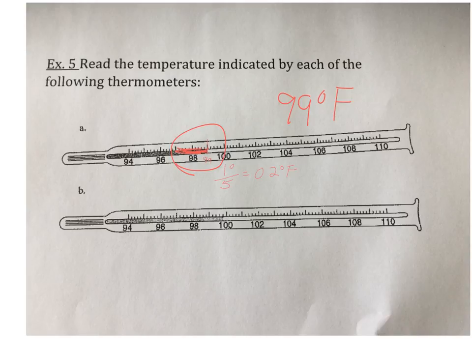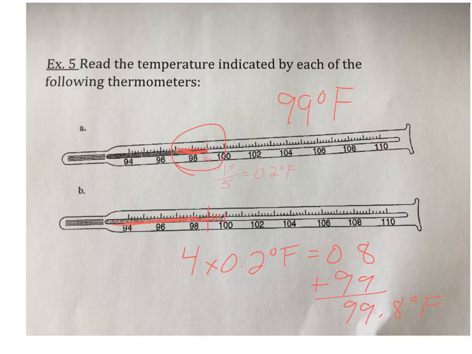Over here, it goes up to 99, and then it goes 1, 2, 3, 4 ticks past. So we have 4 times 0.2 degrees Fahrenheit, which equals 0.8, and now we just add the 99 that it goes up to. So that will give us 99.8 degrees Fahrenheit.